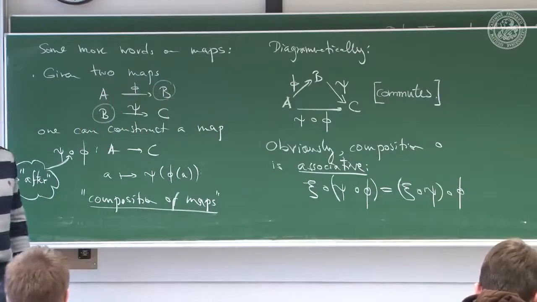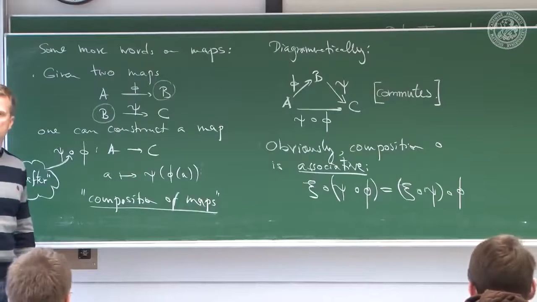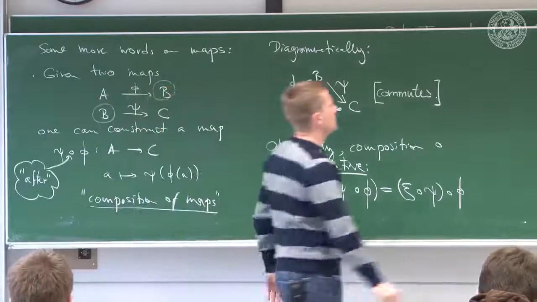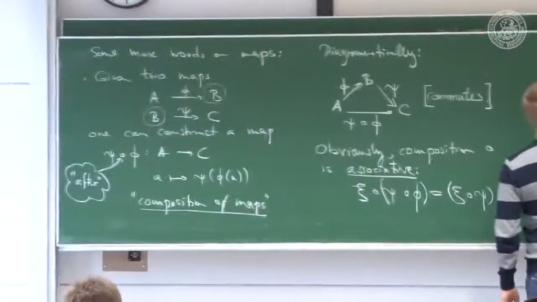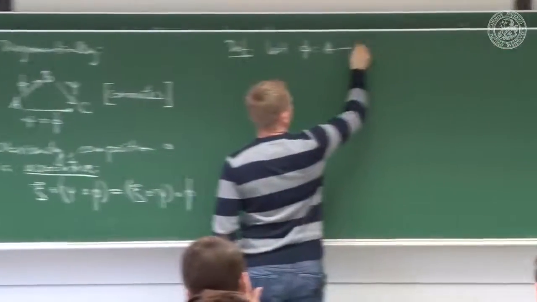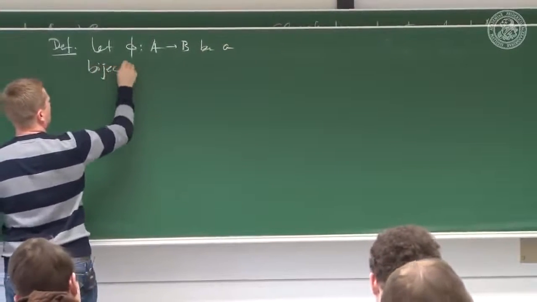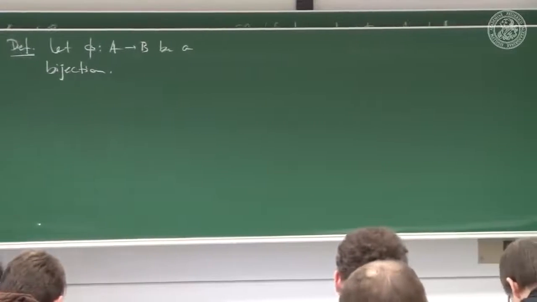Now, you need a composition in order to be able to speak of an inverse map. If you have no composition, you can't speak of the inverse map. Definition. Let phi from A to B be a bijection. So only for bijections we define the following.